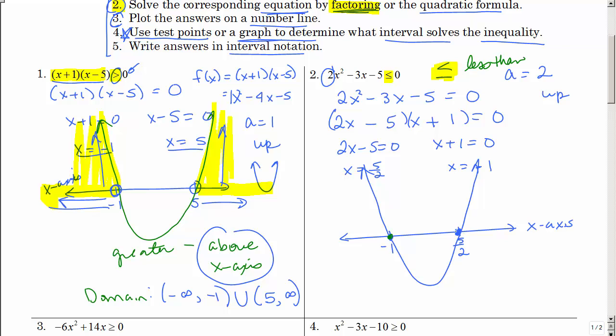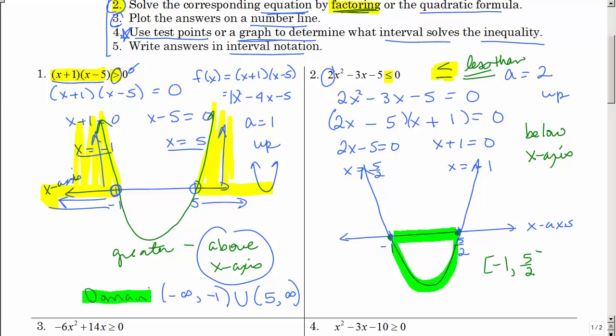So less than or equal to. Well, here's the equal to part, but where's less than? Less than is below the x-axis. So where is below the x-axis? That's this part. And again, what's the domain? Those are the x values in between here. So my answer is bracket -1 to 5/2 bracket.